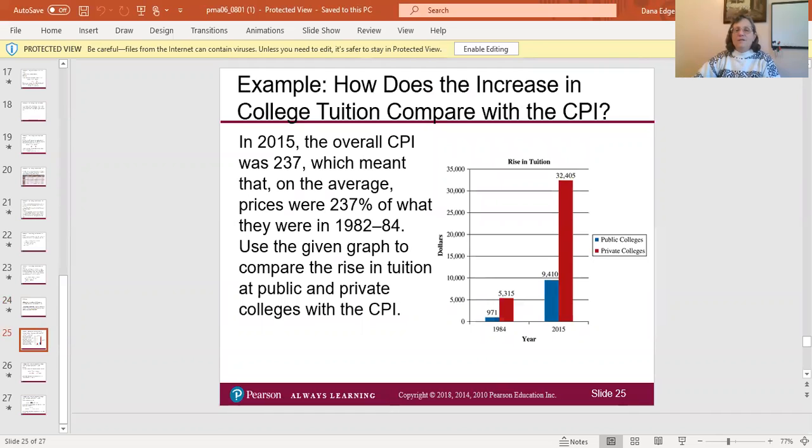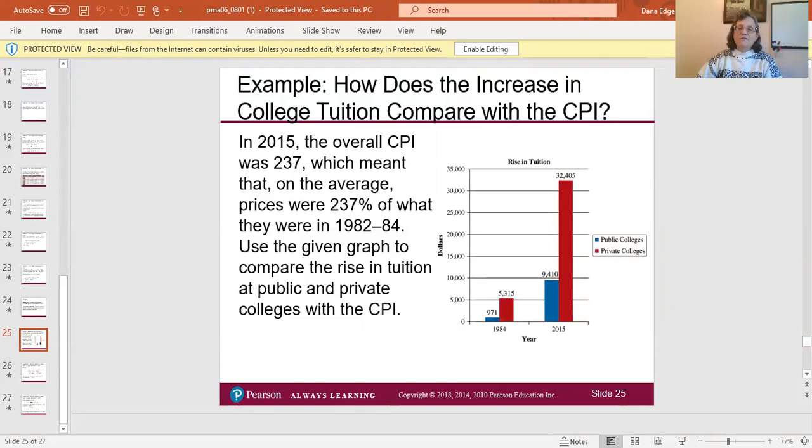So in 2015, the overall CPI was 237, which meant that on average, prices in 2015 were 237% of what they were back in 1982 to 84. That means they doubled and then some. So if it had cost $1 in 1983, it now costs $2.37 in 2015.